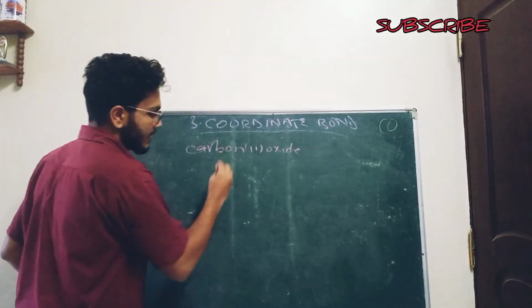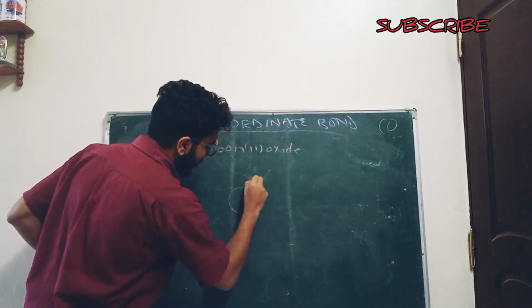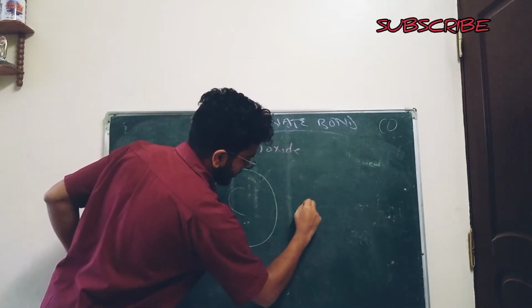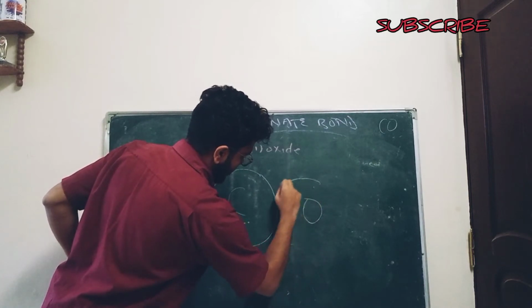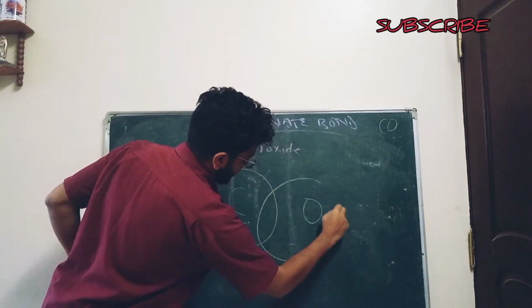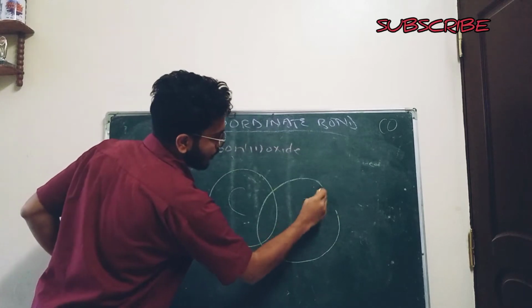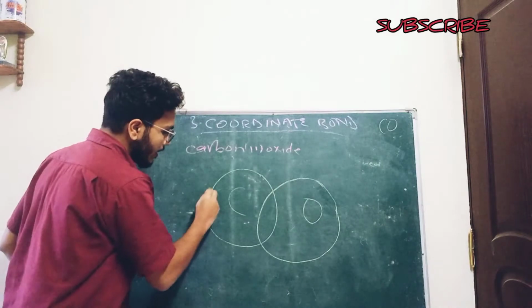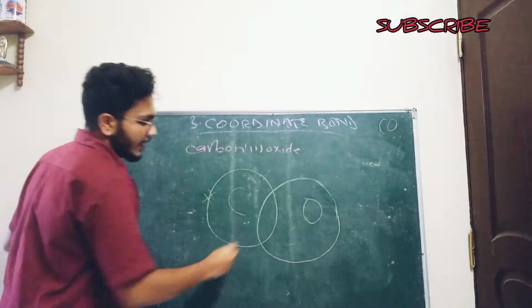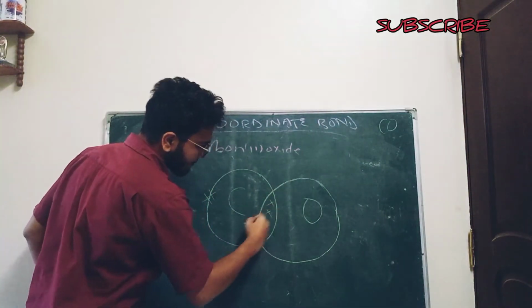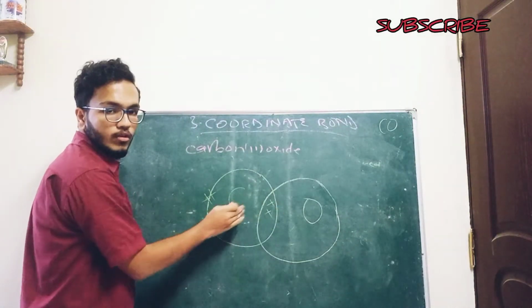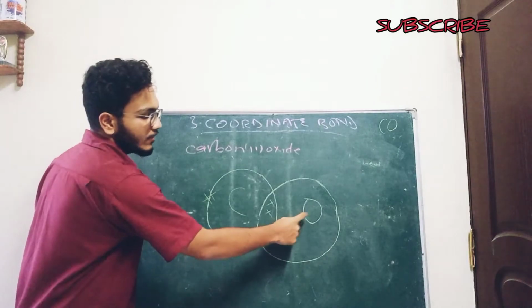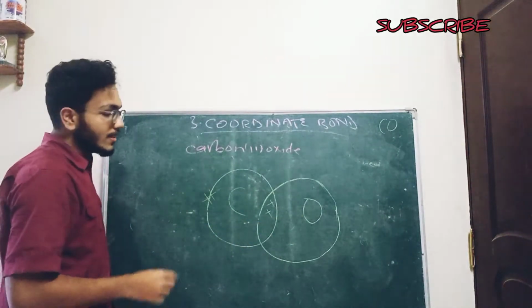Carbon monoxide has a coordinate bond, carbon and oxygen. Now, when you represent 4 electrons of carbon in the outermost energy level, you have 2 crosses on this side and 2 crosses will share with oxygen. 2 electrons will be used in bonding with oxygen. However, how many electrons does oxygen have in the outermost energy level? 6.